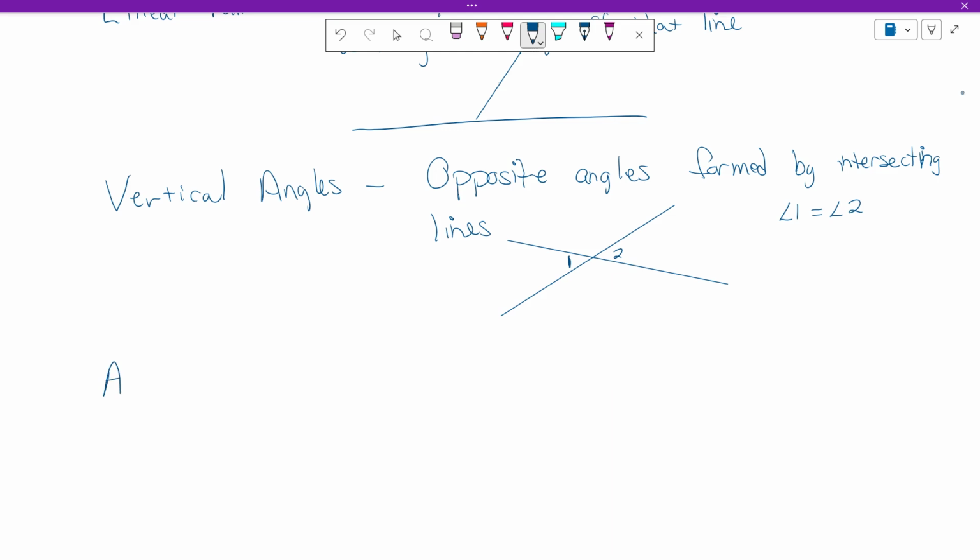And finally, adjacent angles. Angles that share a side and a vertex.